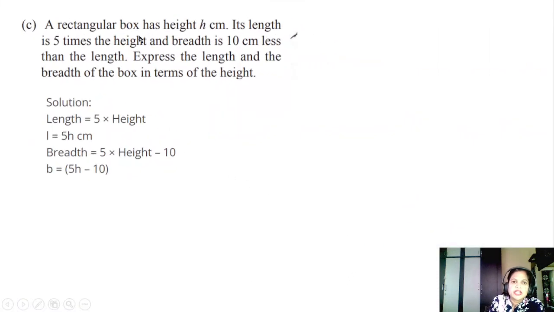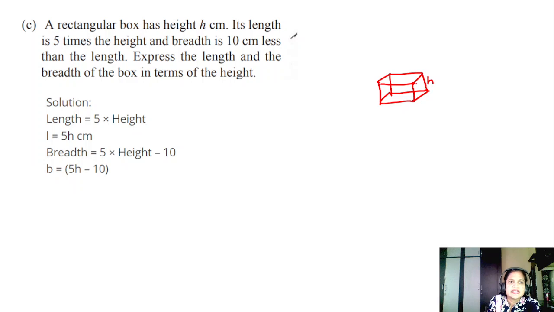See, a rectangular box has height h centimeter. Let me draw a rectangular box. Its length is 5 times the height and breadth is 10 centimeter less than the length. Okay, this is a box. A rectangular box has the height h centimeter.